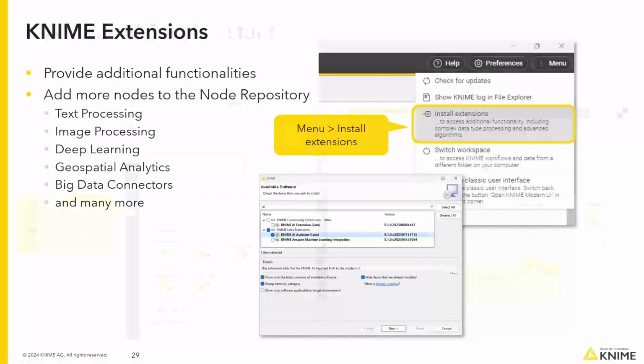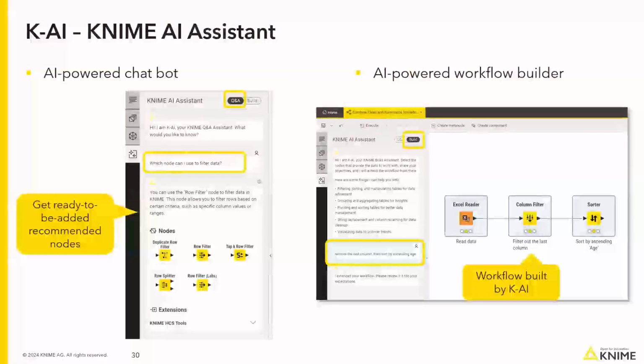And finally, there is a KNIME AI Assistant in KNIME Analytics Platform that we call in short Kai. Yeah, and it has two modes. It has a question and answer mode, so basically a chatbot.